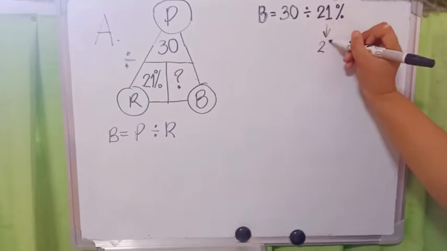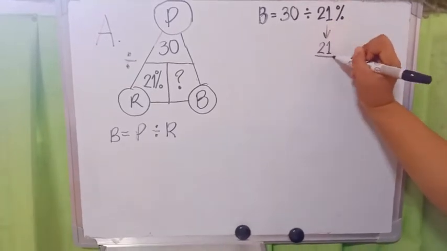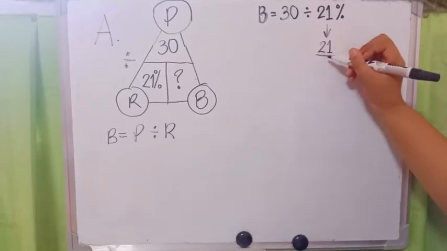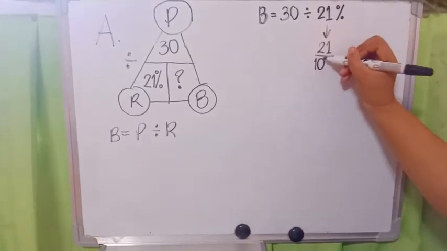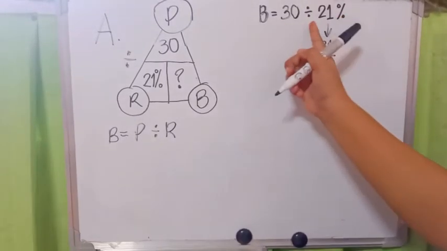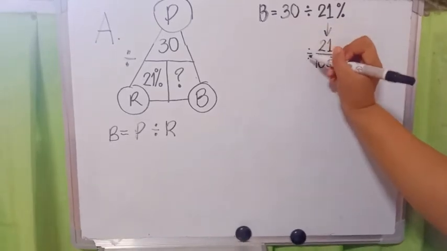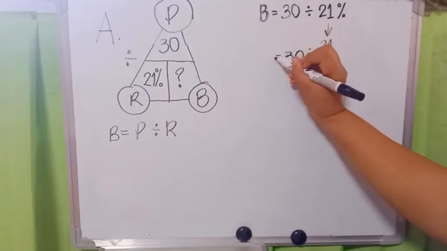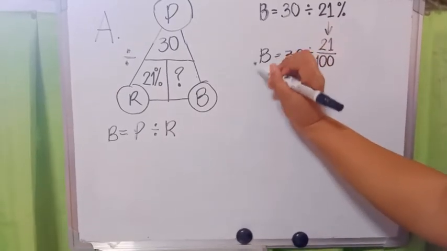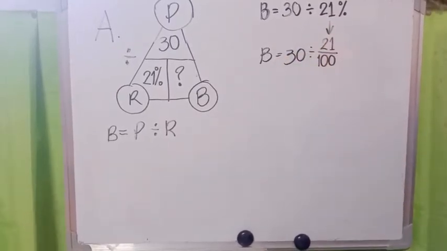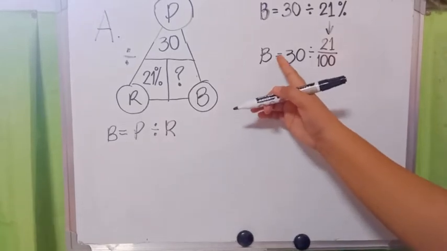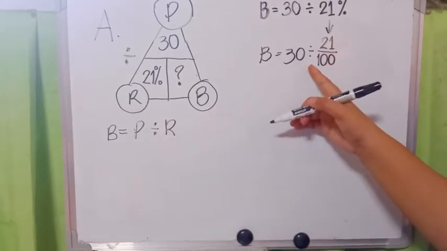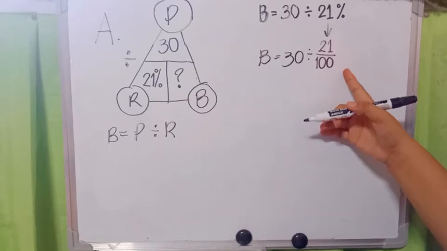Write the digit 21, and always remember the denominator is always 100. Divided into 30 equals the base. So we have base equals 30 divided by 21 over 100.